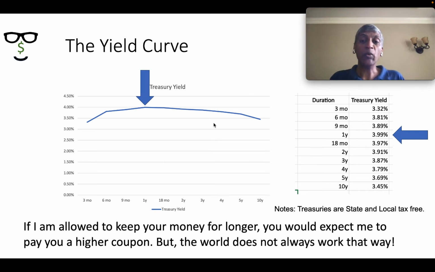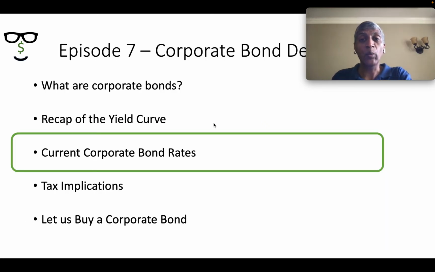Okay, now let us start diving deeper. You may remember treasuries are state and local tax exempt. And what does that do to our world? We reviewed in this episode what corporate bonds are, why we need them, how you can research them, and how you can look at their prospectus.